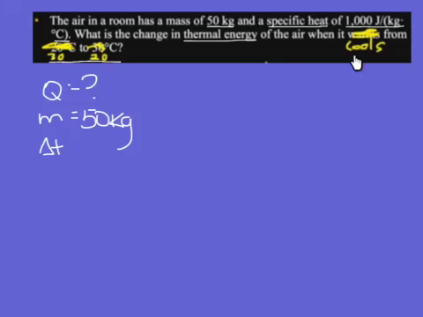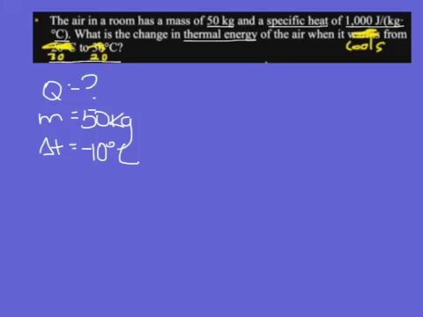Since it's cooling, the number is going to be negative when you subtract these two numbers. From the last slide, I said you should subtract the first number from the second number. So 20 minus 30 is negative 10. So the change in temperature is negative 10 degrees Celsius.